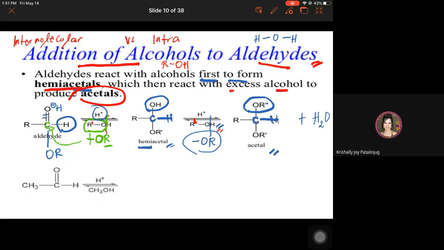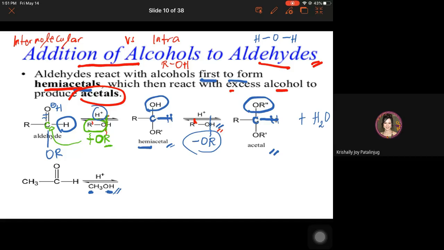So let's take a specific example. Example, you have ethanal. This is an aldehyde. It is being added with an alcohol. Type in your answer. What is this alcohol? It has only one carbon, then you have an OH. CH3OH.